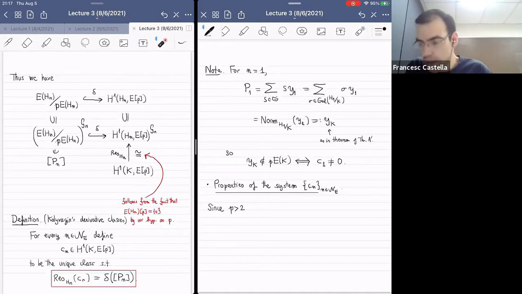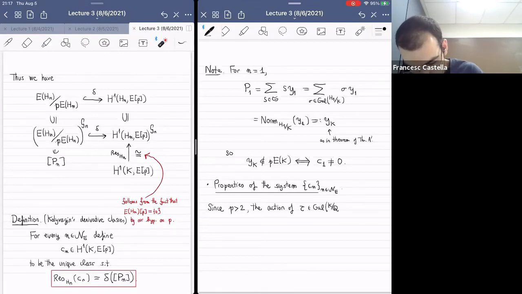Okay, so since P is odd, the action of complex conjugation is going to decompose our space of interest into the plus and minus eigenspaces.